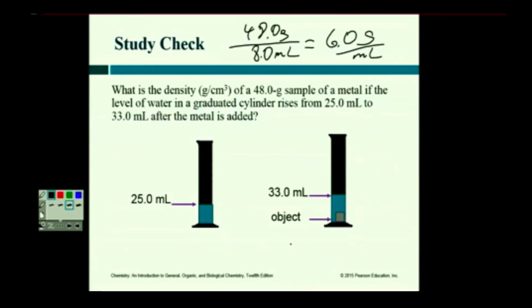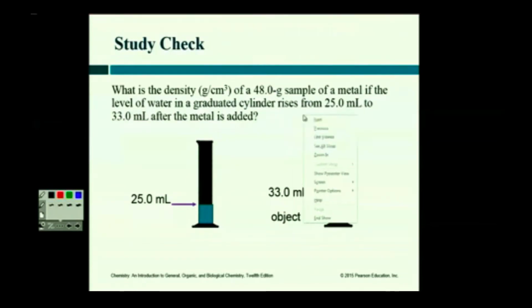Now students in the other class said, whoa, wait a minute, sig figs, 3 and 3, but when I did 33.0 minus 25.0, that equals 8.0. I lost a sig fig.